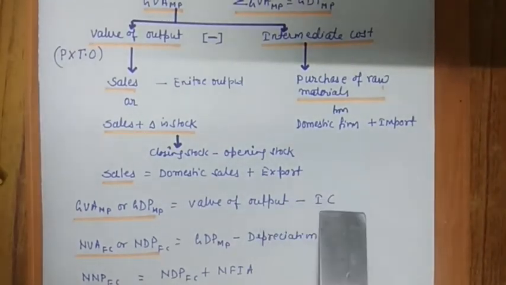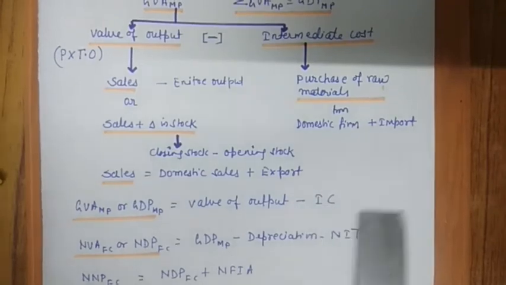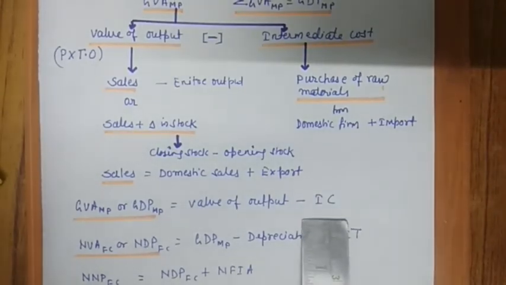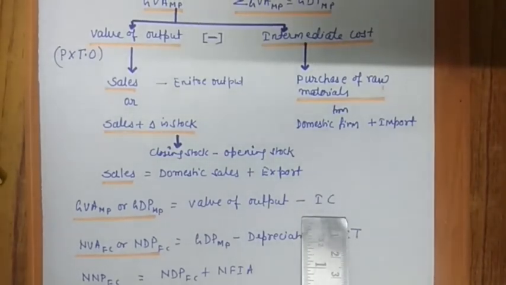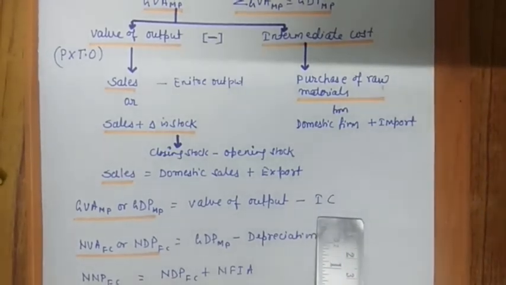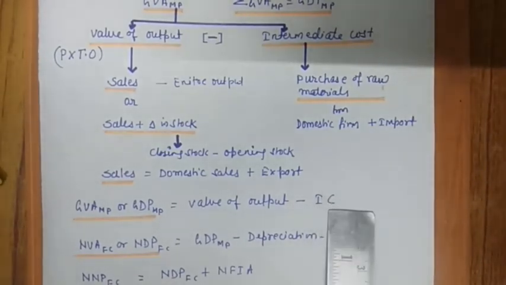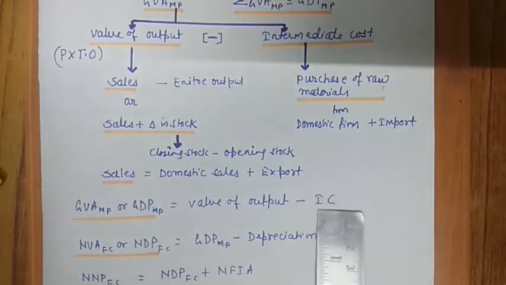Why are we doing this? Why are we subtracting intermediate consumption? The reason is that if we do not do this, it will lead to the problem of double counting. And the double counting problem we will take up in the next lecture. Simply you can understand that intermediate consumption is not a part of national income.